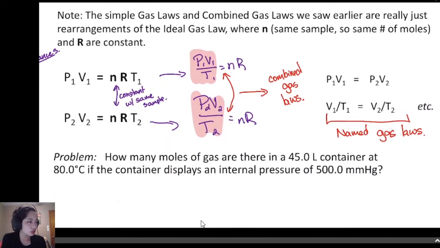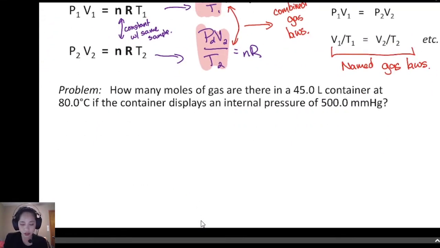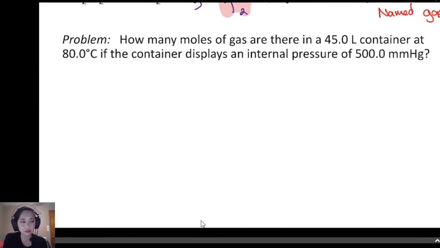All right, so let's just do a couple questions to get our gears lubed up for gas law questions. So here's a question. How many moles of gas are there in a 45-liter container at 80 degrees Celsius if the container displays an internal pressure of 500 millimeters of mercury?